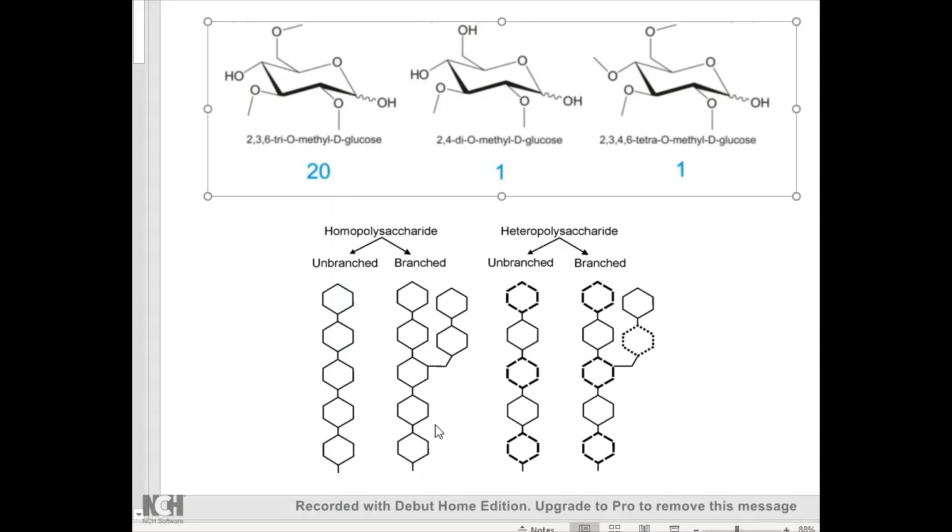This one, and this one. So if it is connected to 3 neighbors, then after treatment with dimethyl sulfate and hydrolysis, it will have 3 OH groups, this, and that, unmethylated. And the 2 OH groups present here will be methylated.